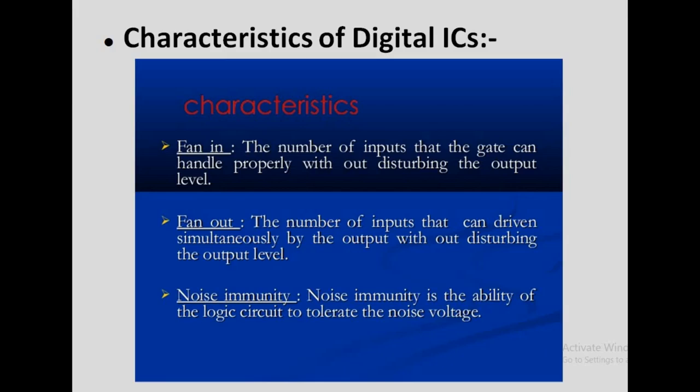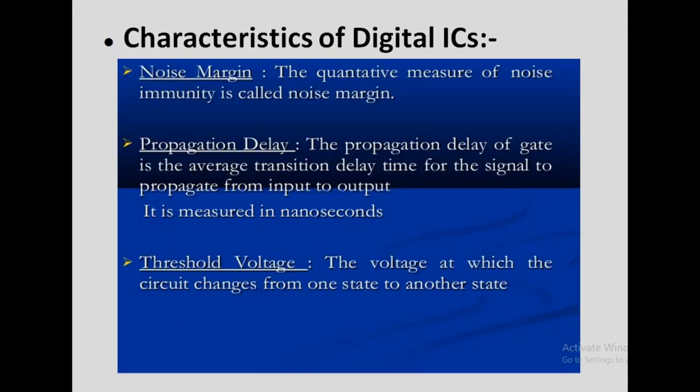The number of inputs that can be driven simultaneously by the output without disturbing the output level. Next is noise immunity. Noise immunity is the ability of the logic circuit to tolerate the noise voltage. Noise margin. The quantitative measure of noise immunity is called noise margin.